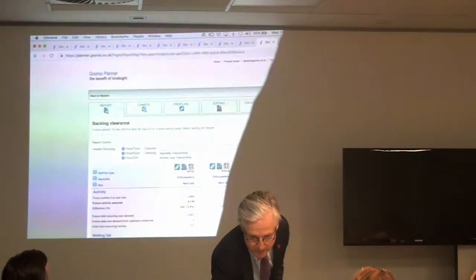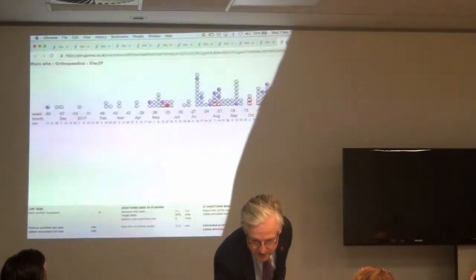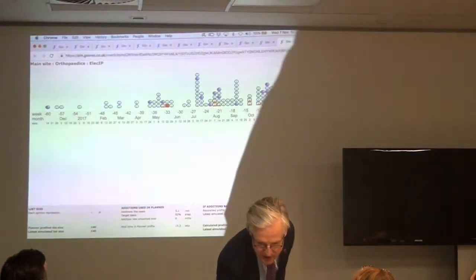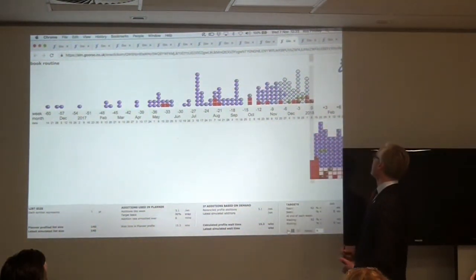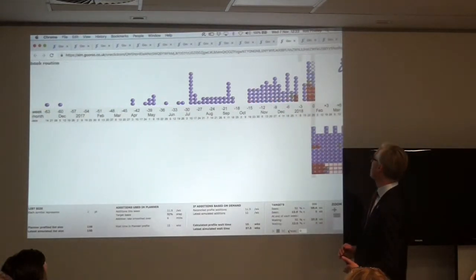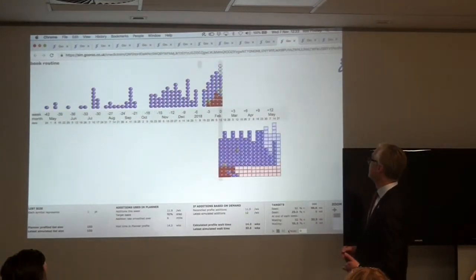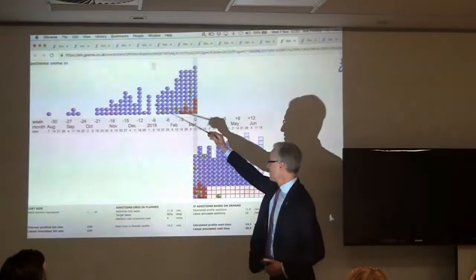So if we take a different scenario where they're actually going to reduce the list size. So we're starting with the same waiting list. And this time we're going to do a backlog clearance as well as improve patient scheduling. So there's the elephant emerging.